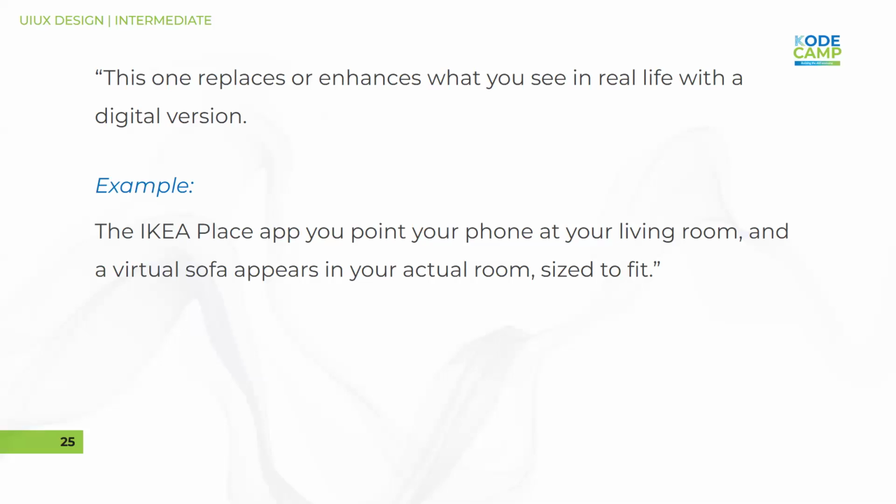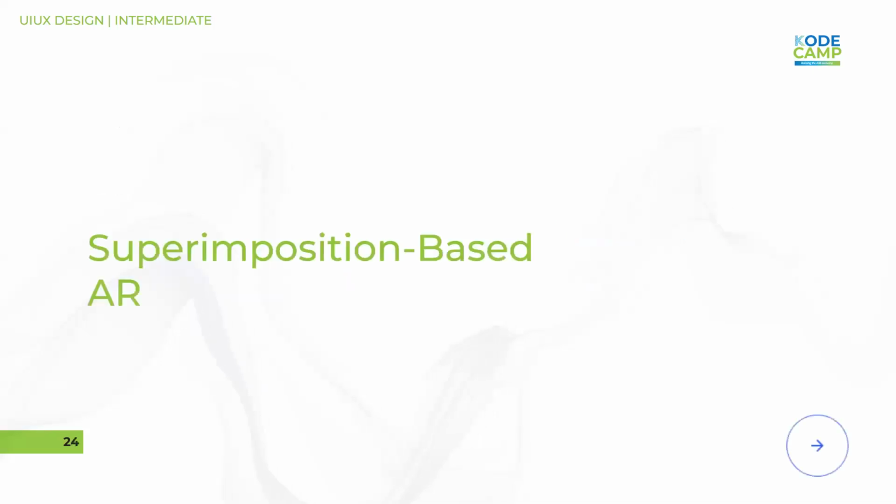Instead of manually using a measuring tape or guessing the sizes of where the chair is supposed to fit, you can just use the app, get the exact sofa from the application, and test it in your room. That is what superimposition-based AR does.